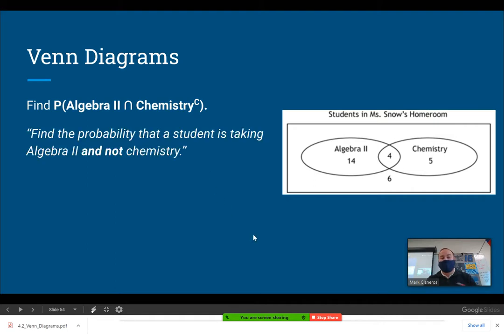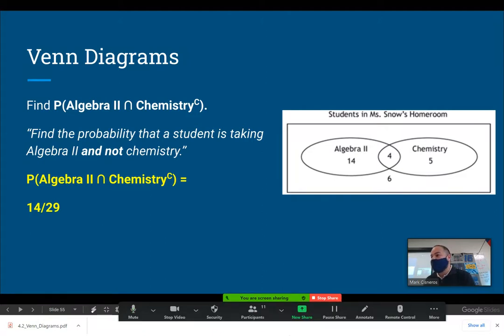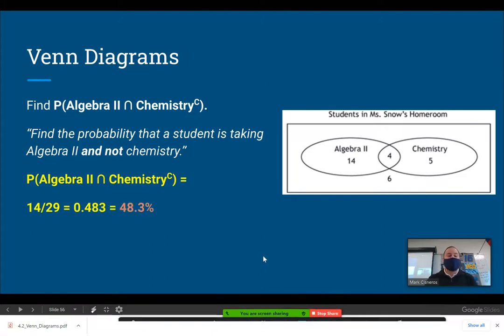So this is essentially saying, what's the probability of a student taking algebra 2 but not chemistry? Okay. How many students are taking algebra 2 and not chemistry? That's 14. Okay. So this is 14 out of 29. And of course, you can find the answer just by dividing.